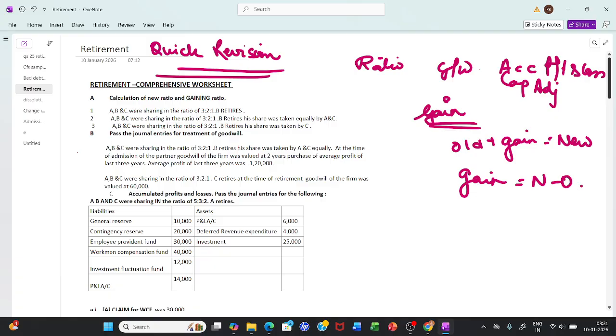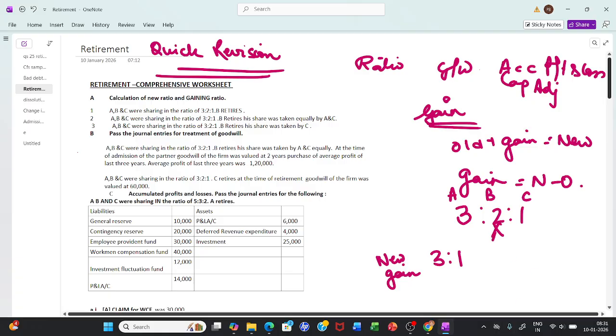Here you have one typical thing: say A, B, C are sharing in the ratio of 3 is to 2 is to 1. If B retires and nothing else is given, A and C will get in the ratio of 3 is to 1. This will be their new ratio and also their gaining ratio.